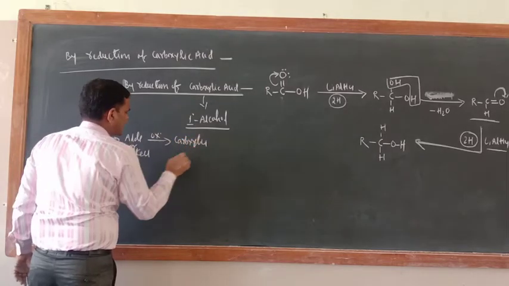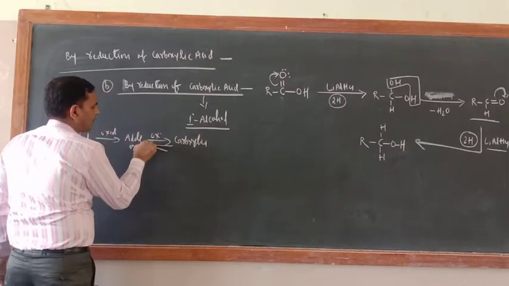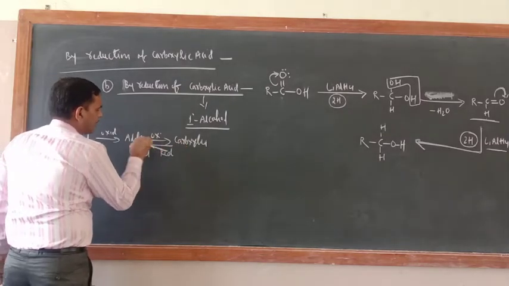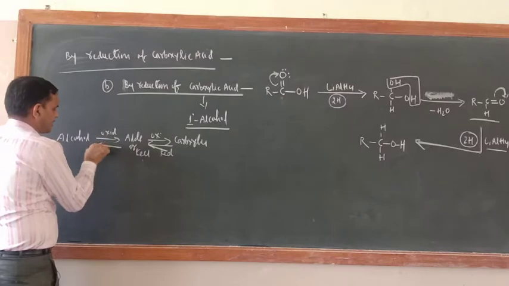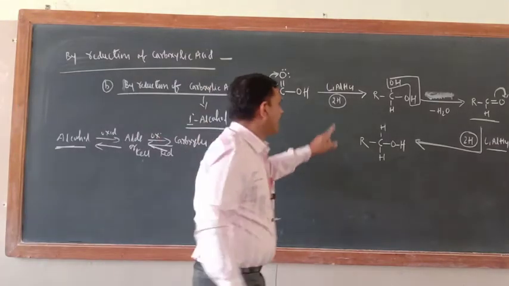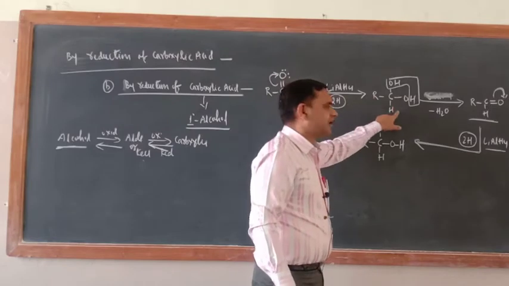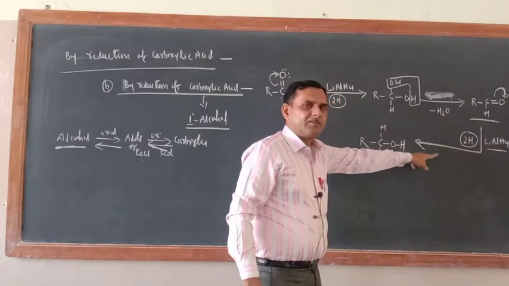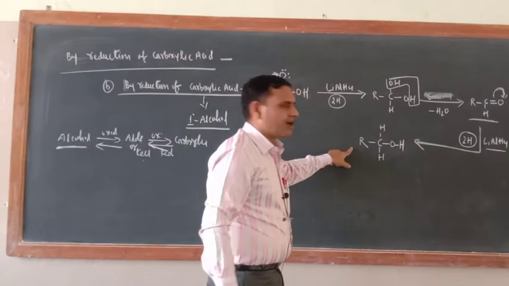So coming back, carboxylic acid will be reduced into aldehyde, and this will be reduced into alcohol. Both steps are followed.